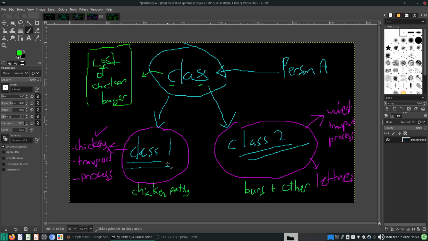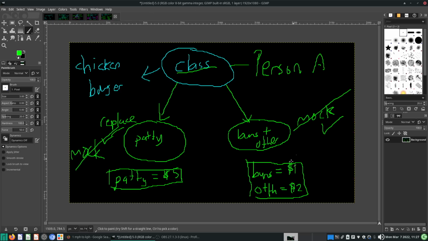So how do you actually facilitate this in actual code? It sounds simple.